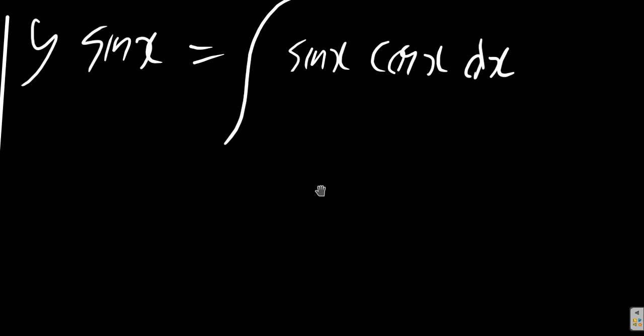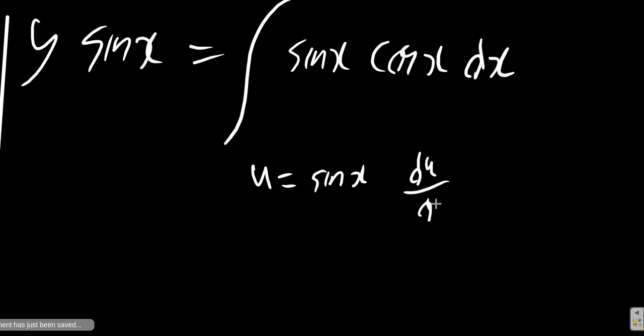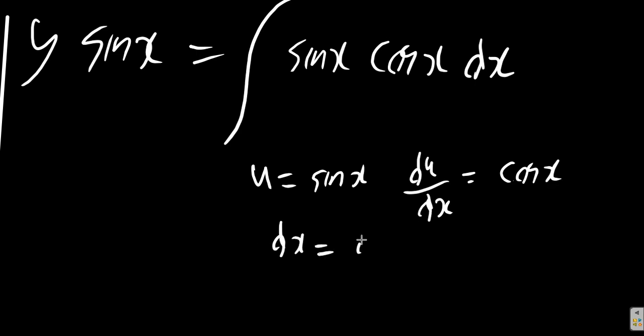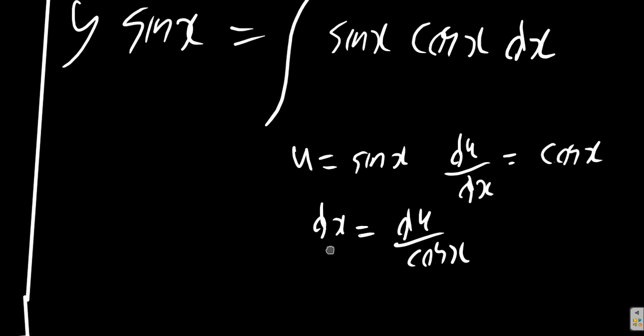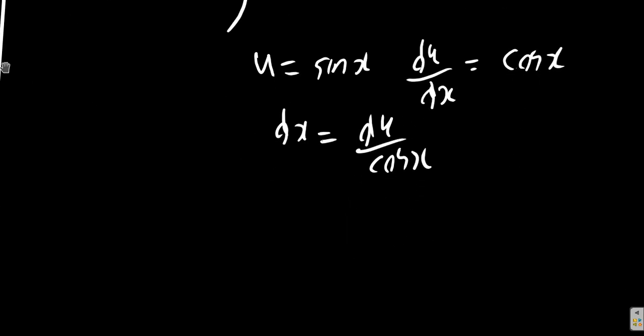Well, we find ourselves again using substitution. Let u be equal to sin x. So du by dx is equal to cos x, so dx would be equal to du over cos x.